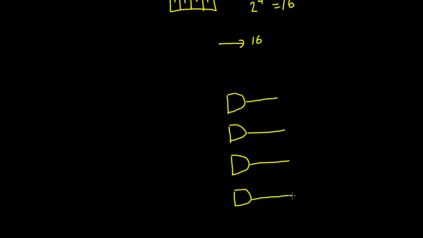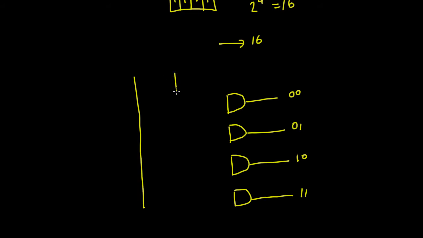This is our least significant bit, so we say 0 0, 0 1, 1 0, 1 1, and what we want to do is get these lines going high whenever these values occur at the input.